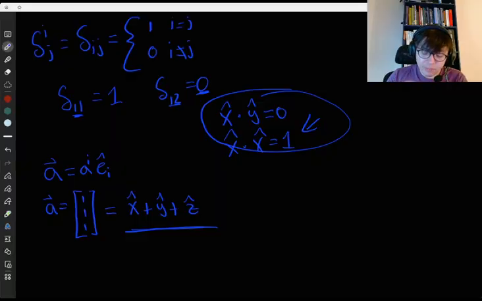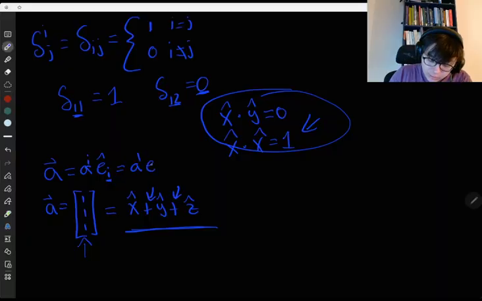And so what this means is I'm going to sum, because I'm adding here, I'm going to sum over these indices. And how many do I have? Well, I have 3 because I have 3 dimensions. So in this case, this is going to be equal to A1 E1 plus A2 E2 plus A3 E3.